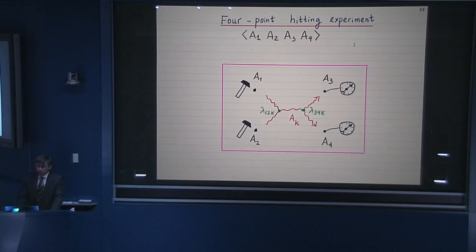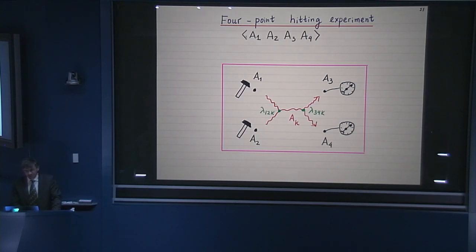And so we are getting pretty close to the punchline. So how do we do the bootstrap? Well, the bootstrap corresponds to the four-point hitting experiment, and then it stops. You don't have to consider higher-point hitting experiments. That's the nice thing about the whole thing.